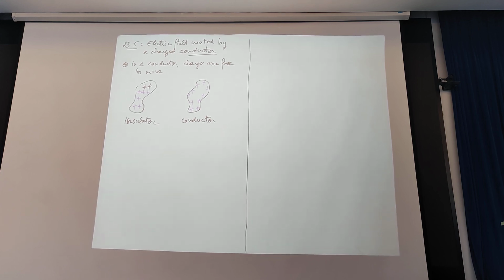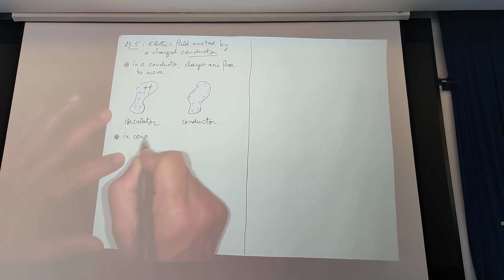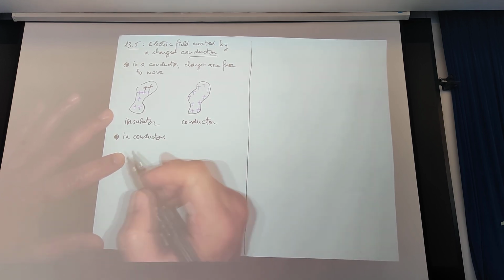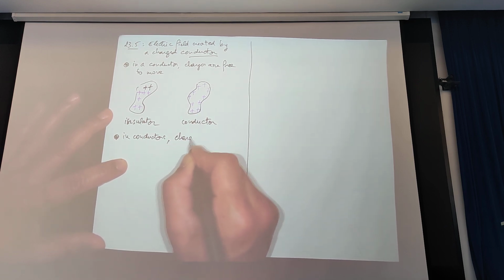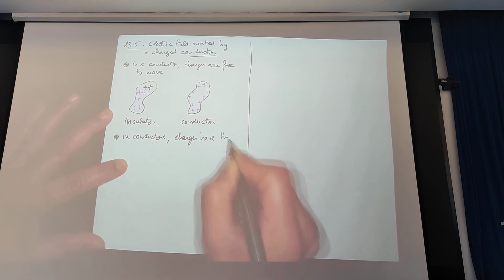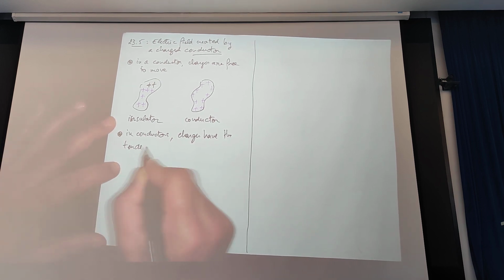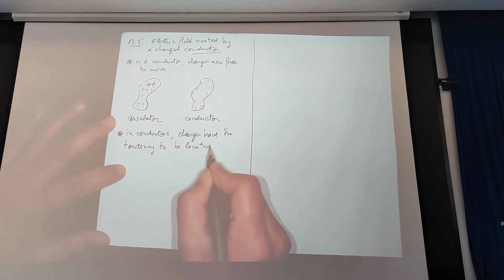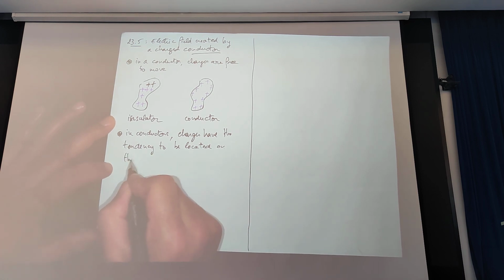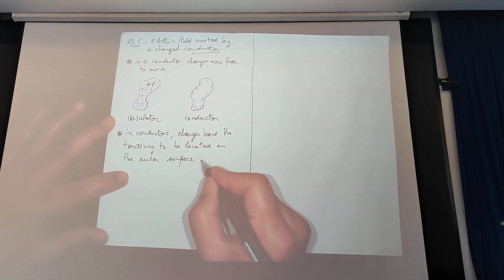Okay, so in conductors, of course, charges have the tendency to be located on the outer surface of the material, of the object.